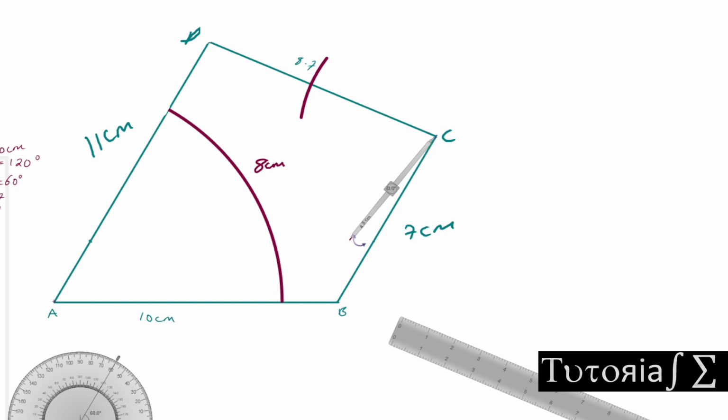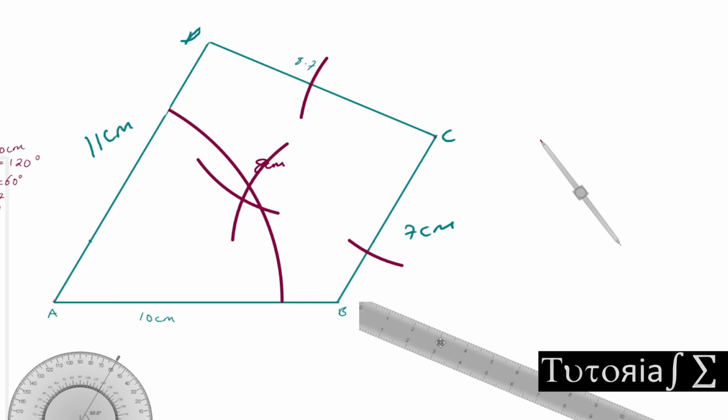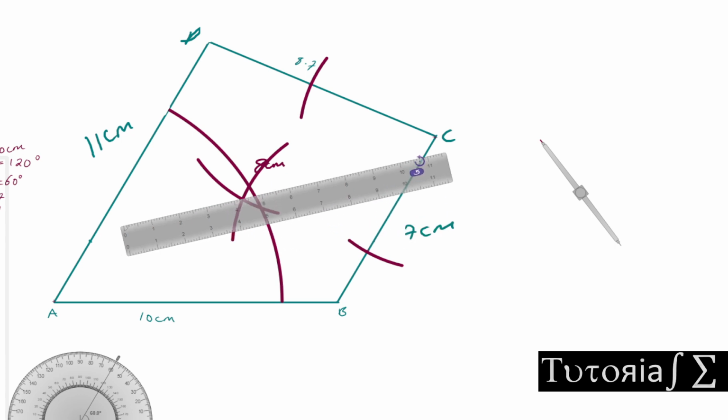All right, so after drawing the locus, come onto the other line, draw another locus, draw another locus, all right, and where they meet, there will be a point. I put the point.